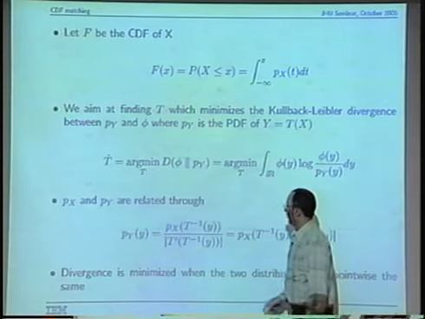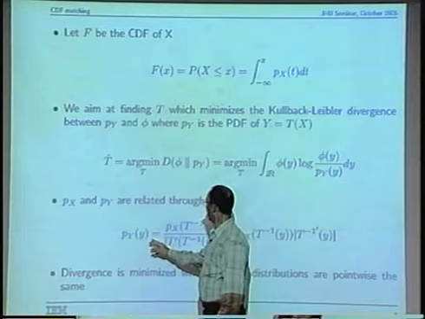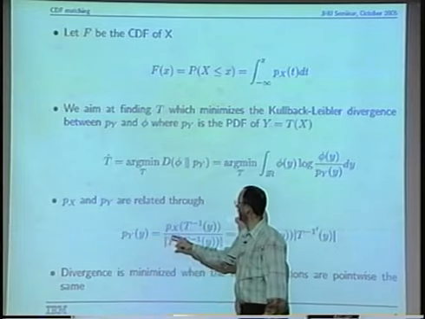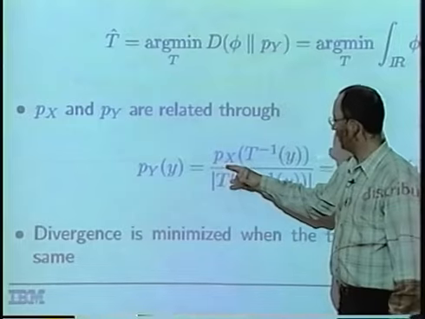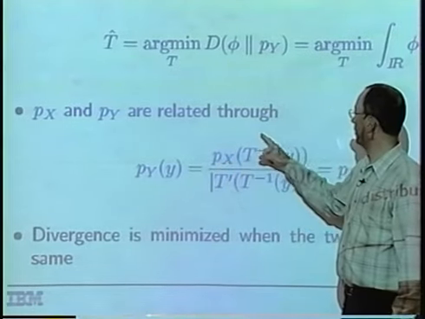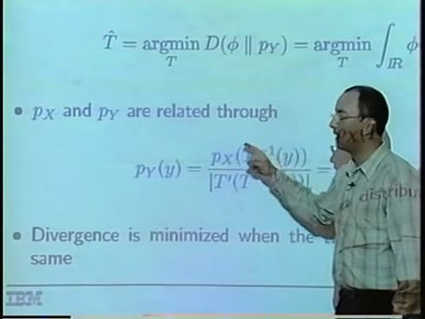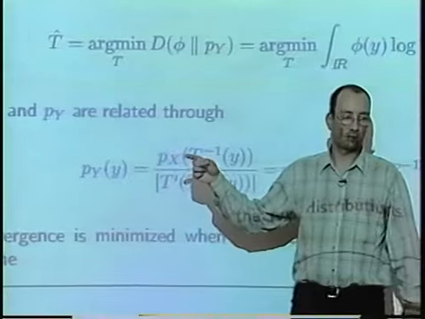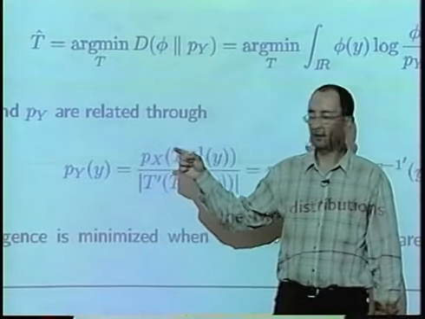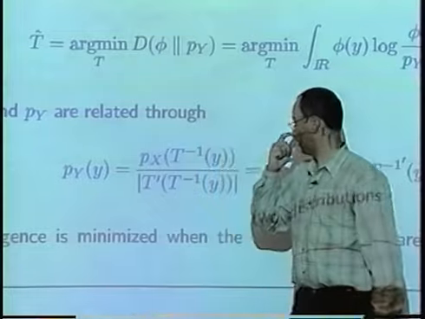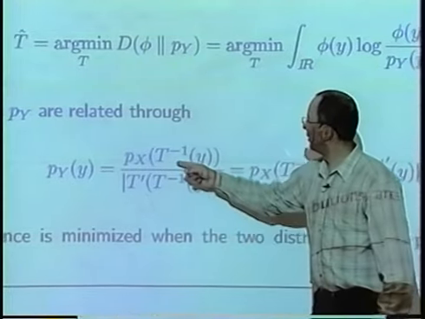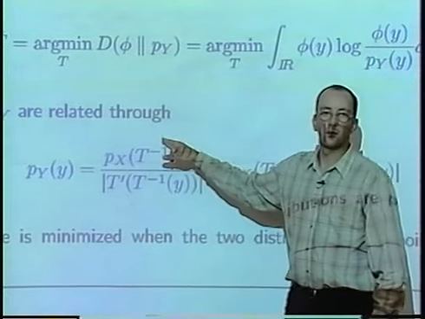So now what we have to do first is we want to relate the PDF of capital X evaluated in some point to the PDF of the transformed variable Y, evaluated in the image of the transformation. So instead of T inverse of Y, think of it as lowercase x.